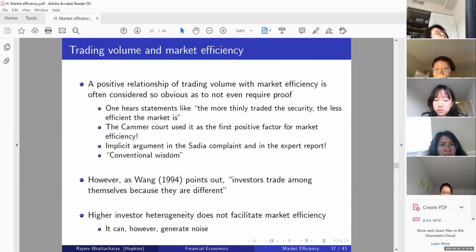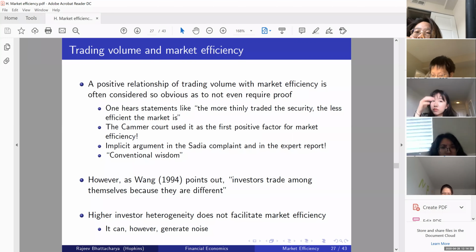On the other hand, you think it's worth $501 and I think it's worth $499, and we will have a trade. So trade happens only because investors are heterogeneous. Investor valuations are heterogeneous. As Wang famously says, investors trade among themselves because they are different.